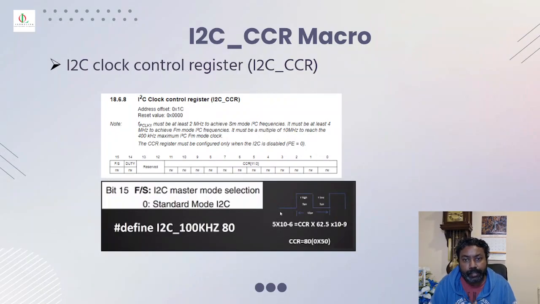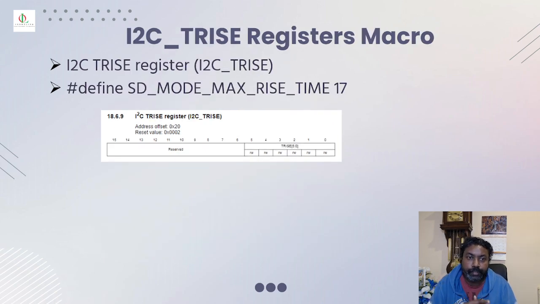And we also wrote the CCR macro yesterday, with the clock register defining this command and this calculation. And we also set the I2C TRISE register macro, using the TRISE bits 5 to 0, and the value is 17 for this.